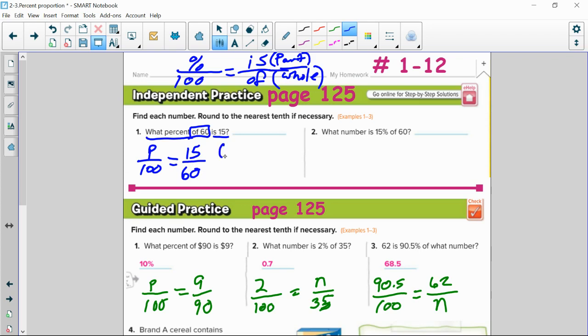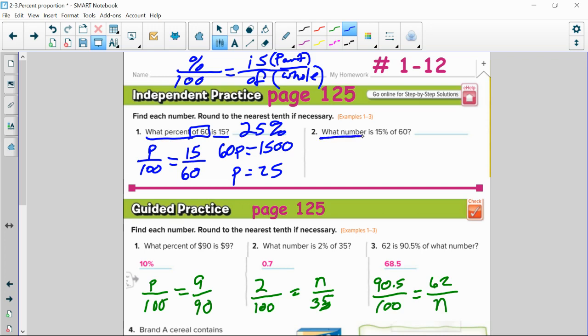Then do your cross products of 60p equals, and then 15 times 100 is 1500. Okay, divide it by 60, and we get p equals 25, so my answer is 25%. Remember, whenever you're looking for a percent, give the percent symbol there too.